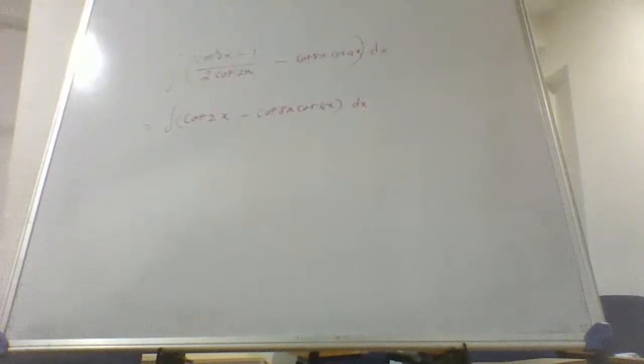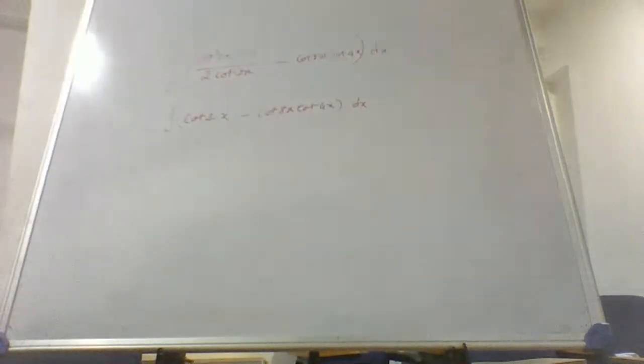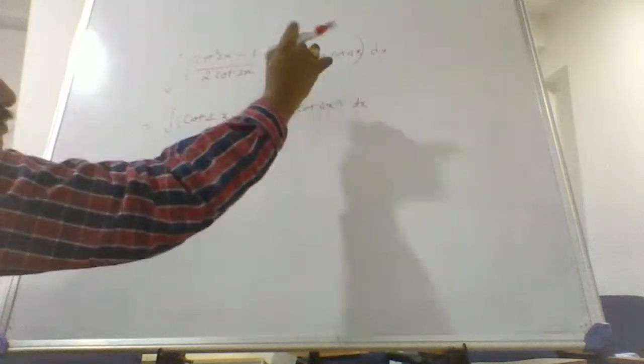Now cot 2a, and this is 4x. So it is 2x, so this becomes 4x. So I can take cot 4x outside. This is cos, please correct it.